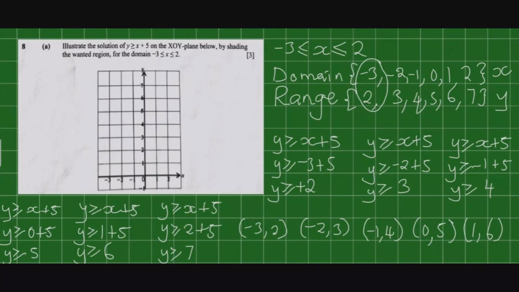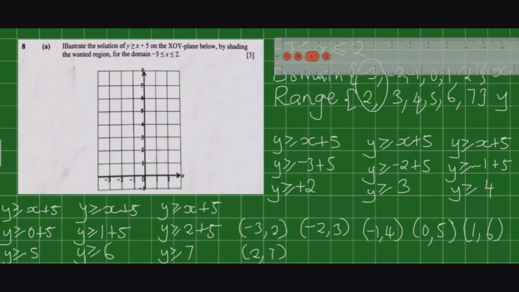Then we have also another coordinate which is (2, 7), which I'll write down here. I hope you can see it. So I've got the other one is (2, 7). Okay, now these are the coordinates we have come up with, and they're going to help us to come up with the graph. Okay, so let's draw the graph.